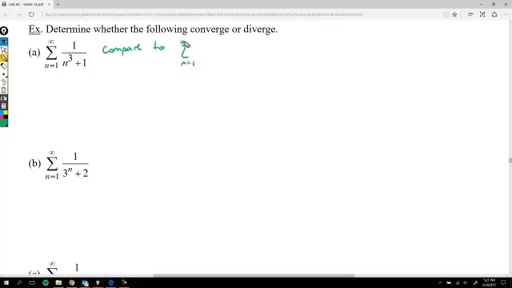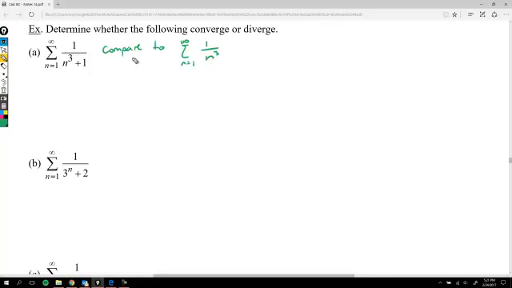So I'm going to compare this to 1 over n cubed. Essentially I'm simplifying the function that I have. I'm taking away all the extra numbers, any coefficients, stripping it down to bare bones. I just have 1 over n cubed. I know that this is convergent because it's a p-series with p greater than 1. So the convergence of this is very easy to identify.